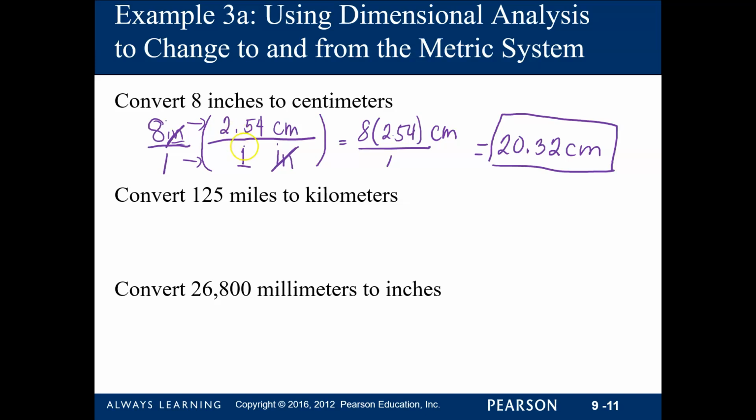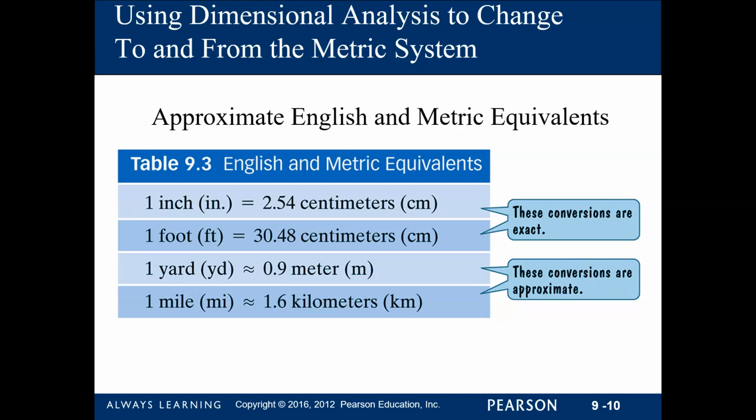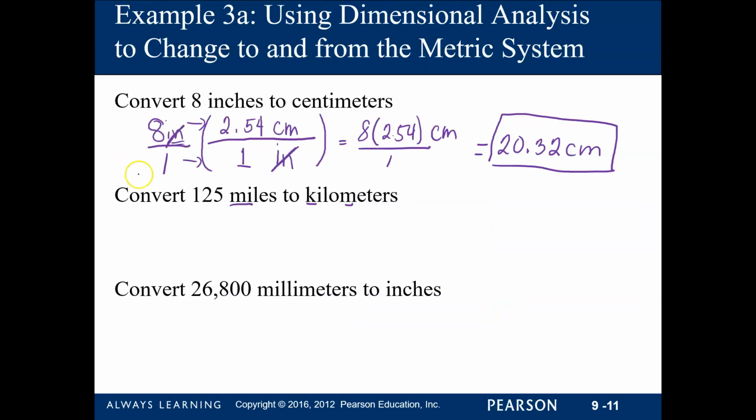Let's have the next one. We have 125 miles, and we need it in km. If you go back to our previous conversion, 1 mile and kilometers is over here. We are going to work with the given 125 miles, and our conversion factor would be miles and kilometers. Miles is the given, so miles is at the bottom, and we can cancel that out. Our desired unit is kilometers.